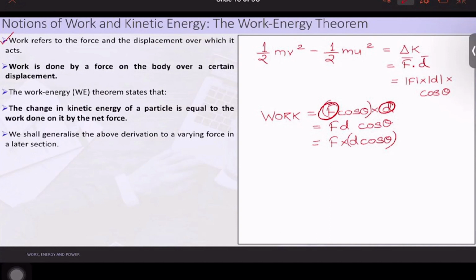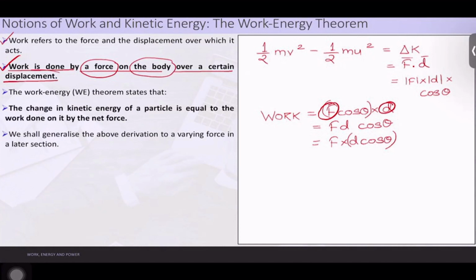Now, please remember, we are talking in physics terms. Work is done by whom? It is done by a force on a body over a certain displacement. So in physics, work is done by a force on the body over a certain displacement. So what are the factors required here? The factors required here are force and displacement.